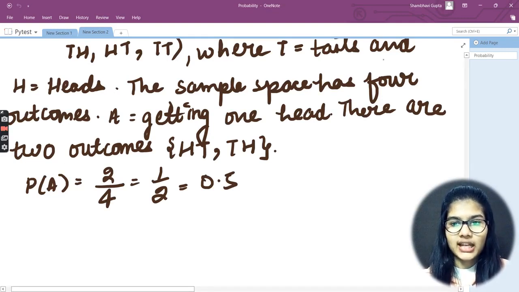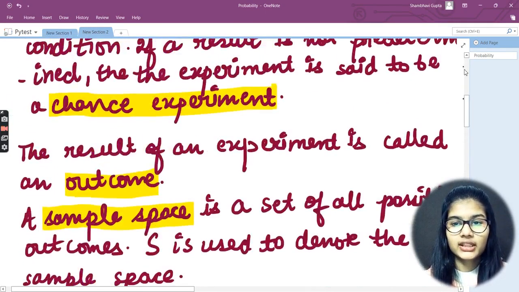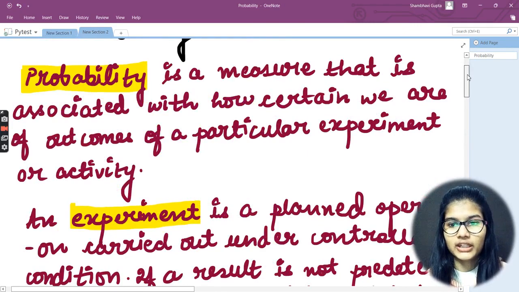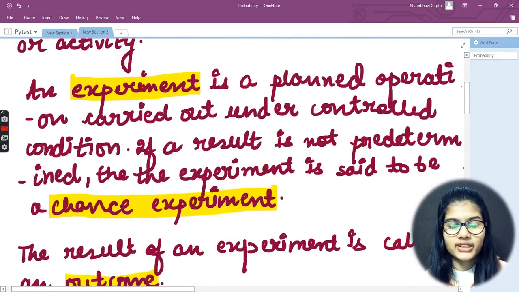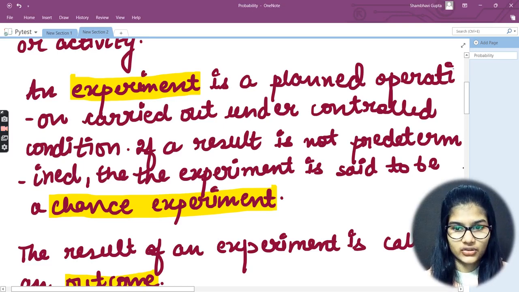Now what I want to do is just revise these terminologies once for you, because it will be much easier for you to relate to things. So we started here with what an experiment is. It is a planned operation which is carried out under controlled conditions.